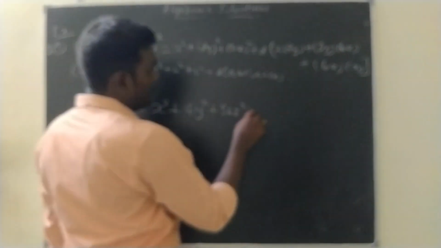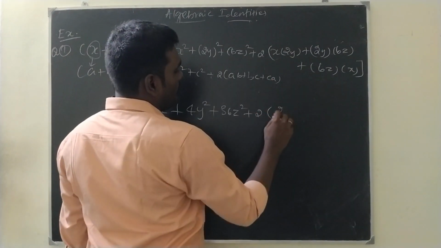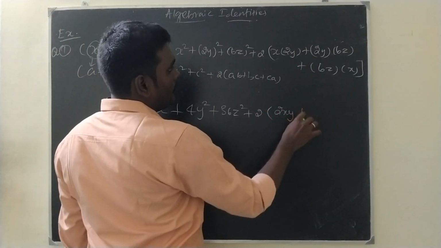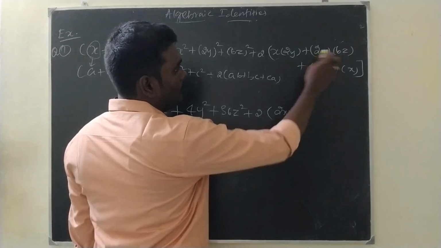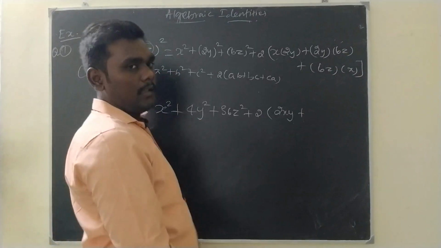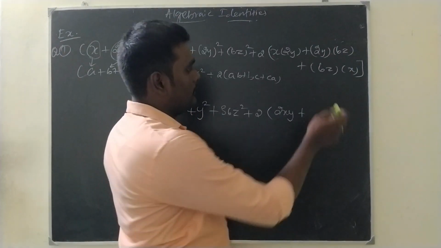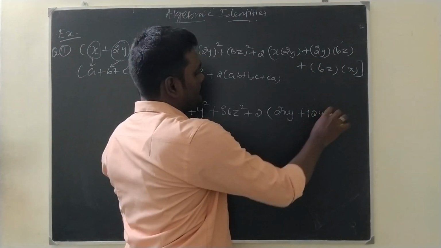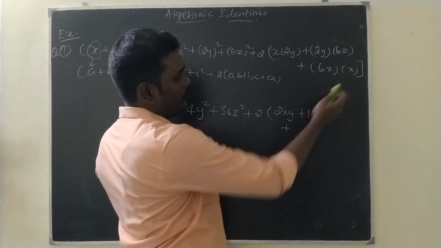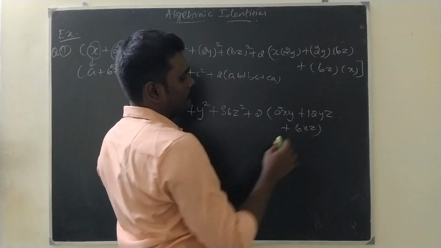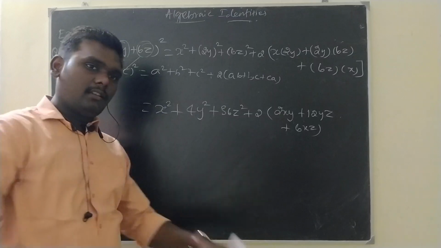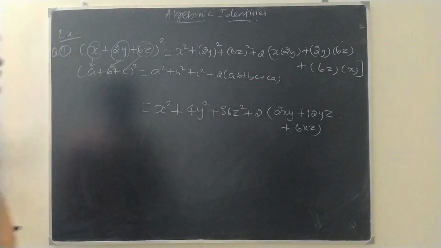Then plus 2 times, here we have 2xy, plus 2 6s are 12. We have seen product of 2 monomials. So 12yz plus 6xz. This 2 also can be multiplied and we can write the expanded form.